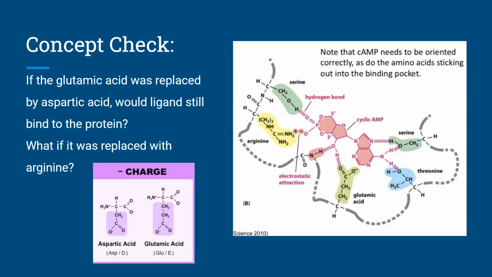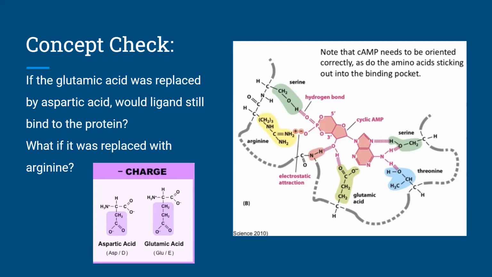If we're asking whether the glutamic acid, the lighter green one, were to switch for an aspartic acid, which is also a negatively charged R group, would the ligand, which is the pink molecule, still bind in that binding pocket? You would have to test it to figure it out, but we can base it on the fact that it's the same charge and a very similar structure, so we would argue that the ligand would still bind to the protein.